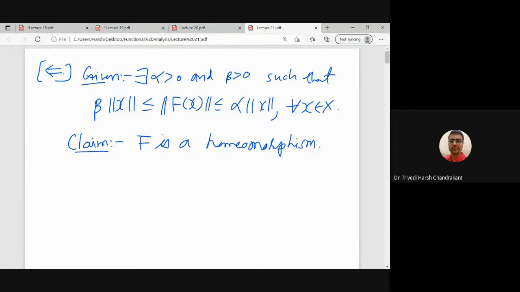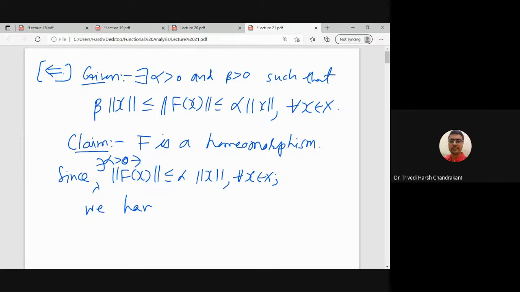Since norm of fx is less than or equal to alpha times norm x for all x in X, and there exists alpha greater than 0 such that this happens, we have f is continuous.